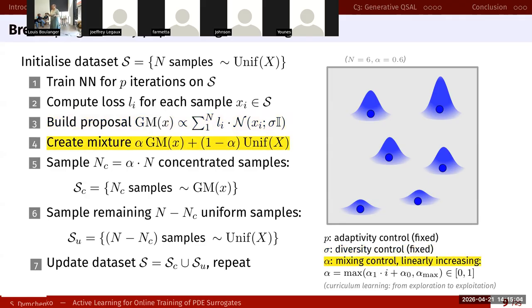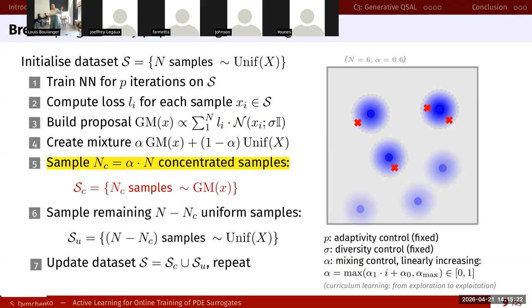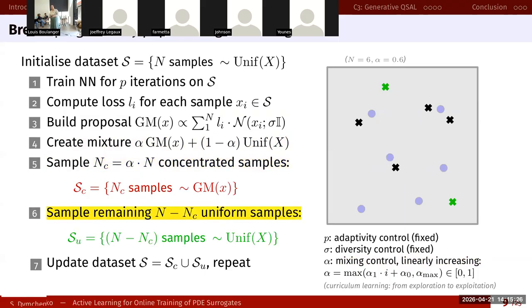Then we create a mix of this proposal with the uniform, controlled by the weight alpha, to have a trade-off between exploration and exploitation of our prior. And then accordingly, we sample some points from our Gaussian mixture, others from the uniform, and we have our final data set for the next round, and we repeat this process.